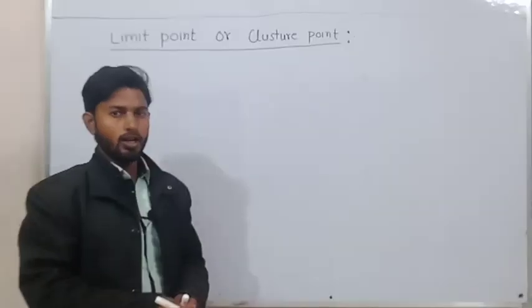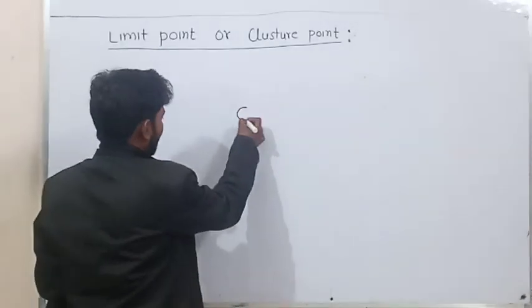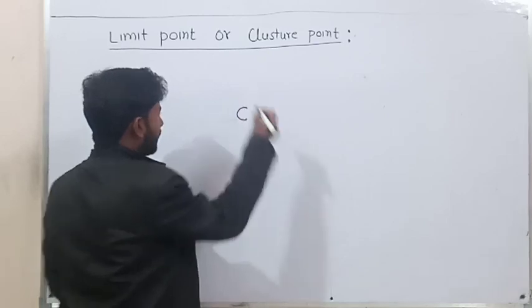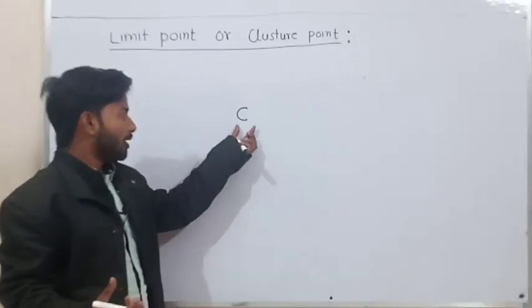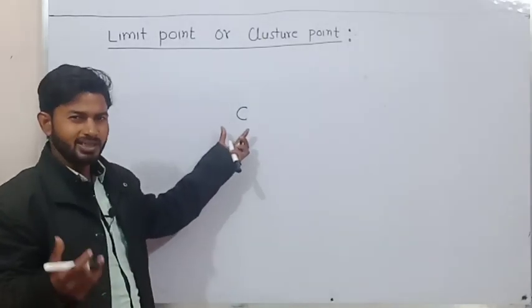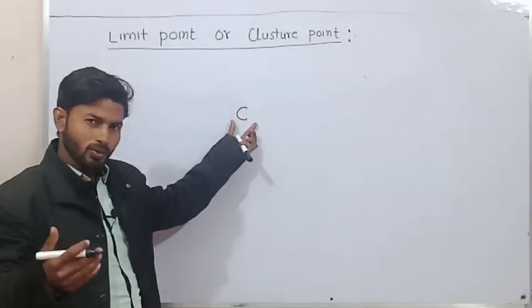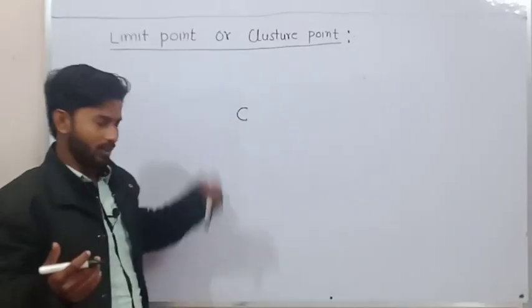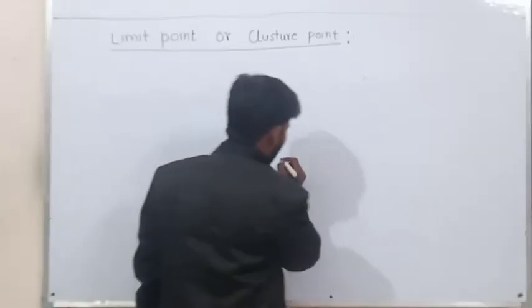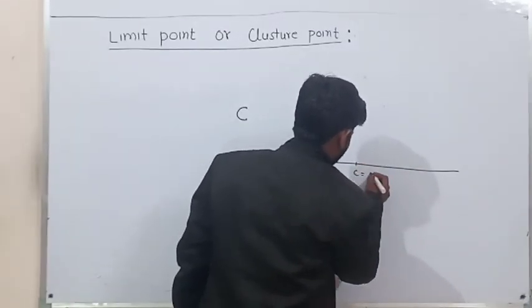Suppose I have a point C. We have to find the neighborhood of this C or any point. In general, we can take point C, and in particular, we can take any number. Suppose we take point C as 1.